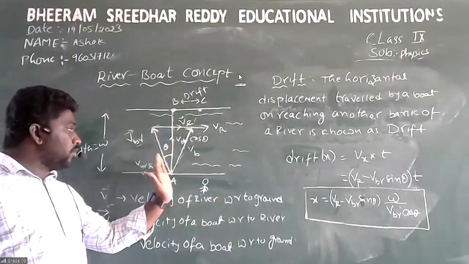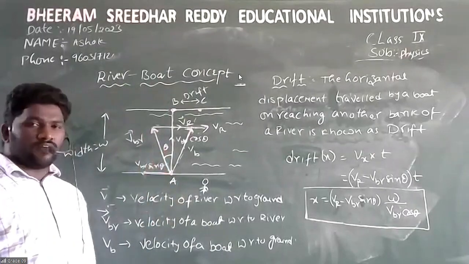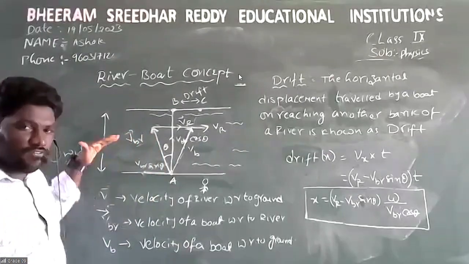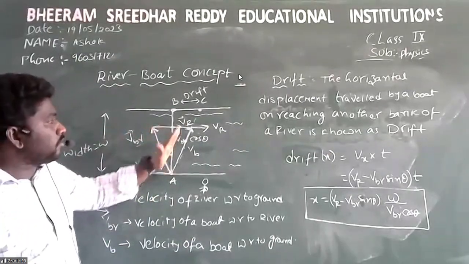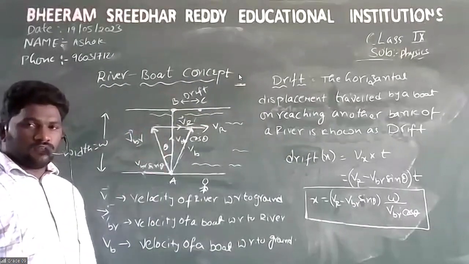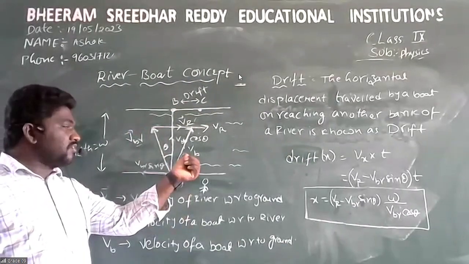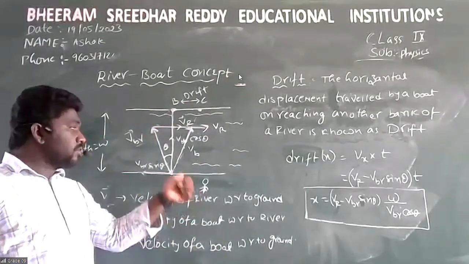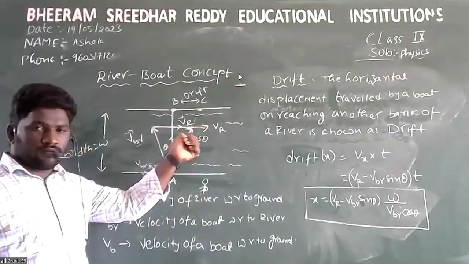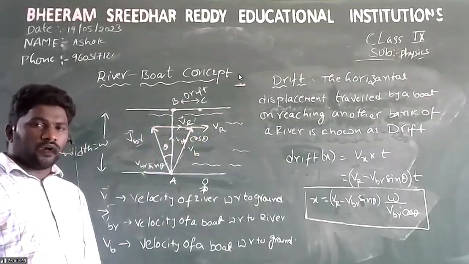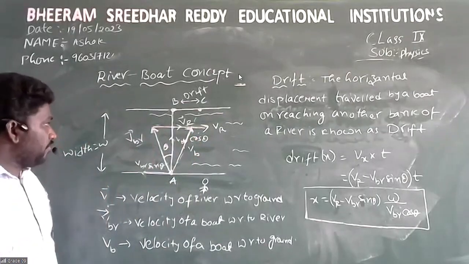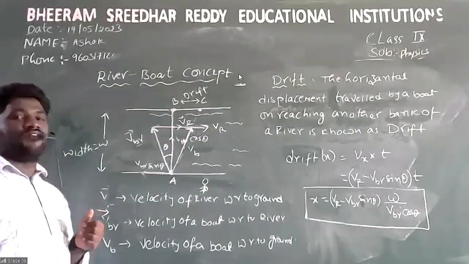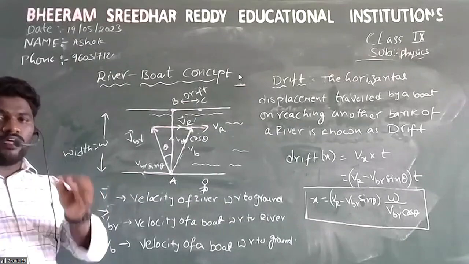That's why we start the boat in this direction, making an angle theta with the vertical. Although you start at some angle, due to the heavy flow of water, finally the boat will reach point C. If a person observes the motion of the boat from the ground, that is the direction of the velocity of the boat, where VB is the velocity of the boat with respect to the ground, VR is the velocity of the river with respect to the ground, whereas VBR is the velocity of the boat with respect to the river.